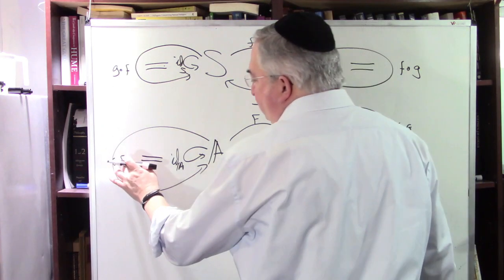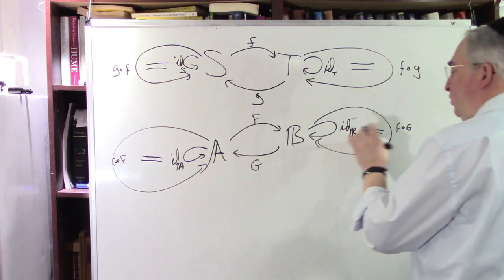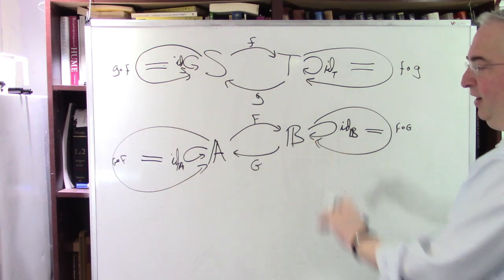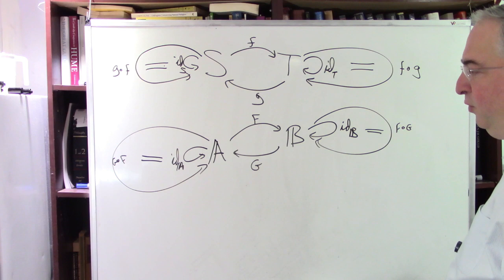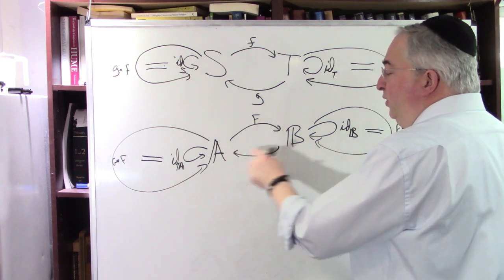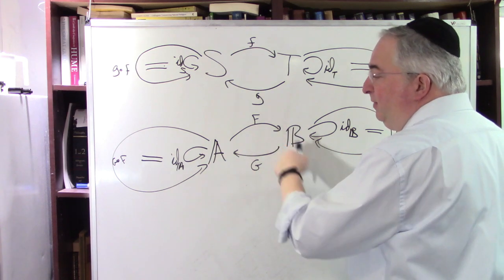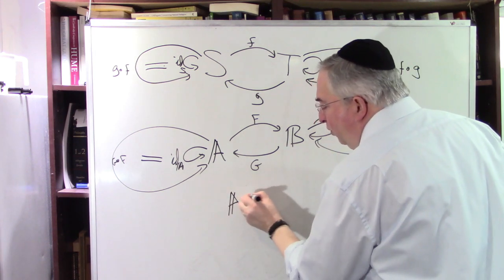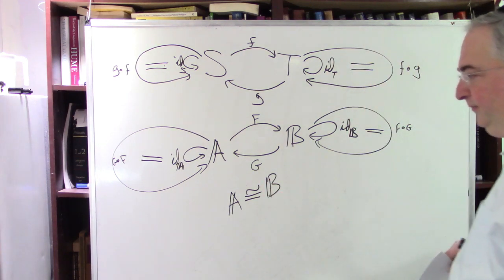If you do F and then undo it with G, you get back the original A. If you do G and then undo it with F, you get back the original B. So that's an isomorphism of categories, and when two categories have an isomorphism between them, we say they are isomorphic, and we write it like this, A ≅ B. That's what it means to be isomorphic.